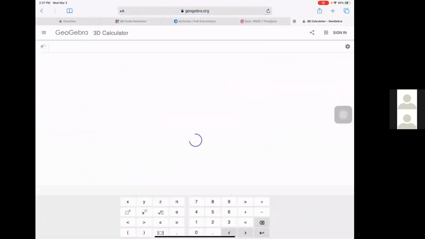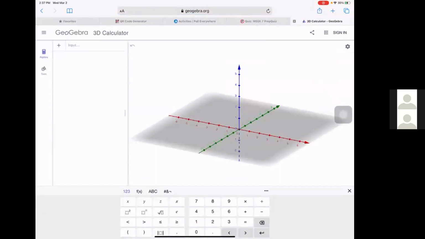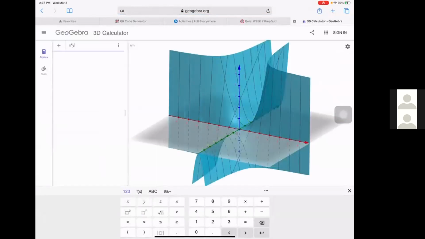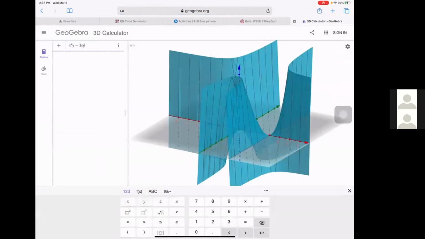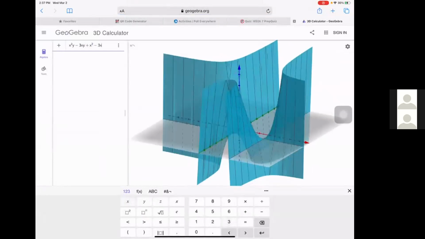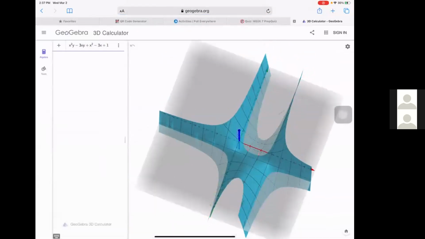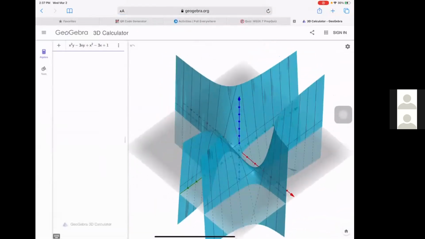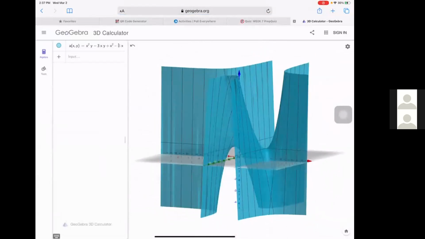So we have x squared y minus 3xy plus x squared minus 3x plus 1. And we're looking at the point 0, negative 1.